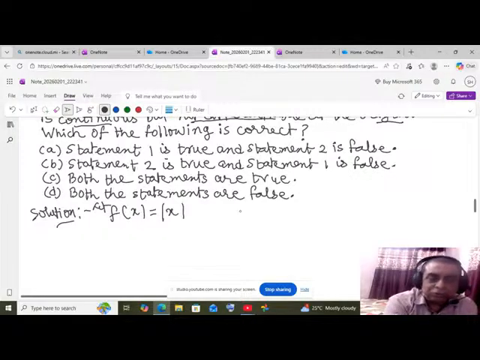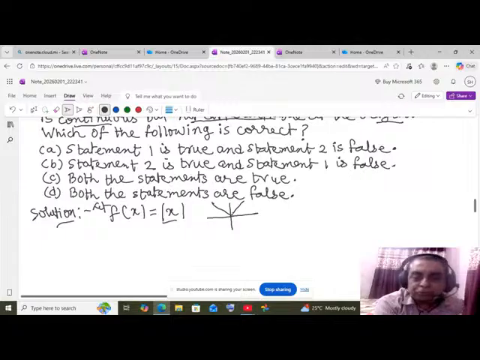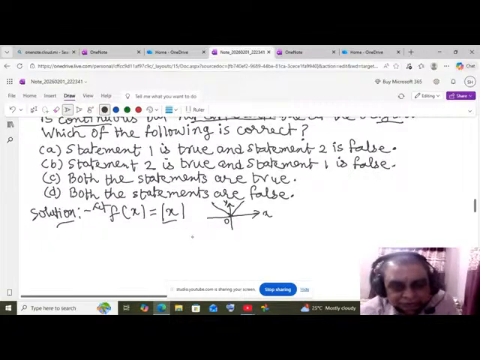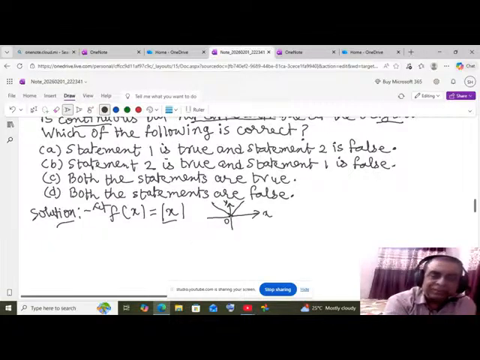The graph is like this. This function is continuous at x equals 0, at the origin, but at the origin the function is not differentiable because there is a sharp turning here.